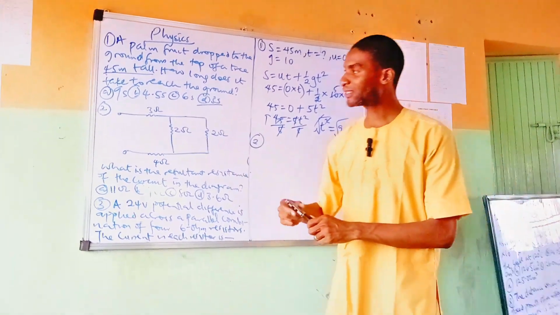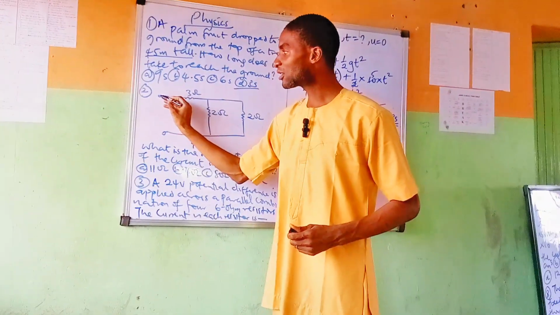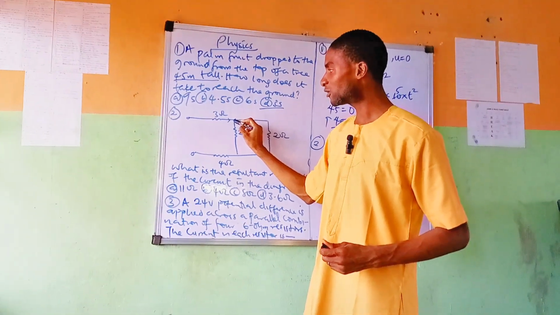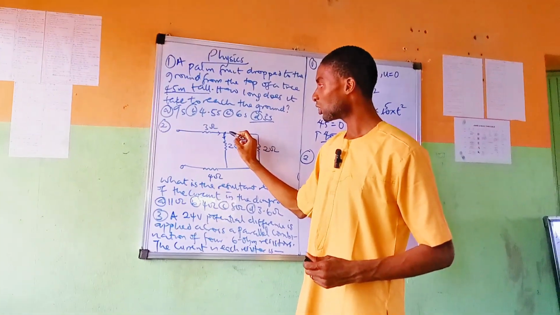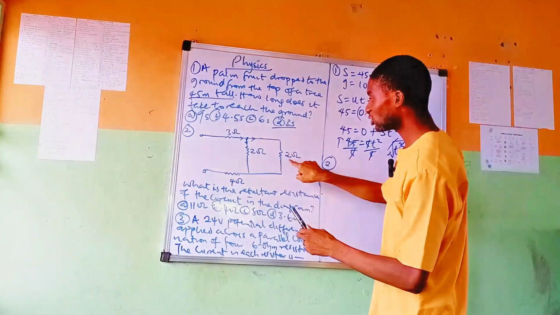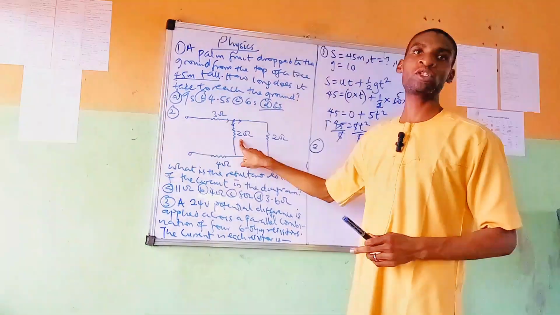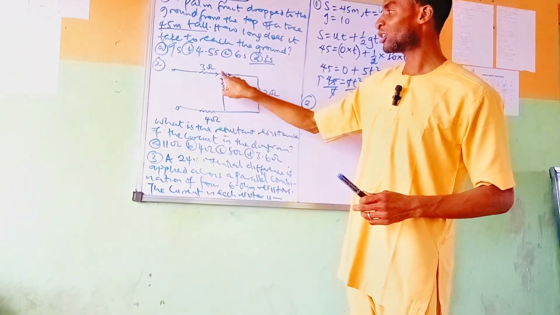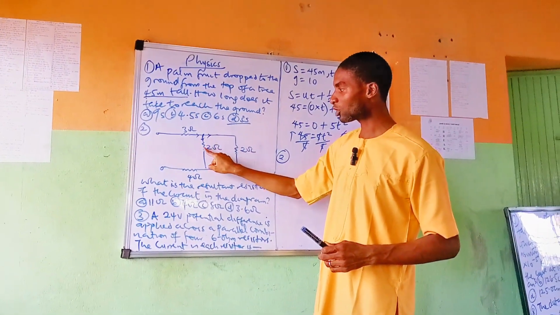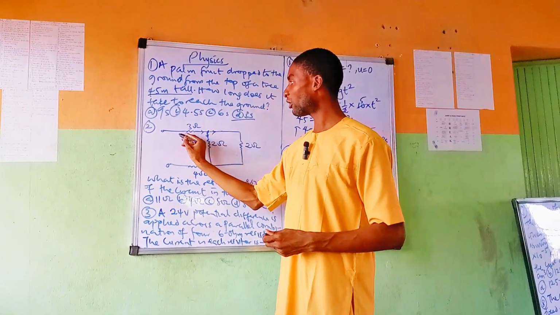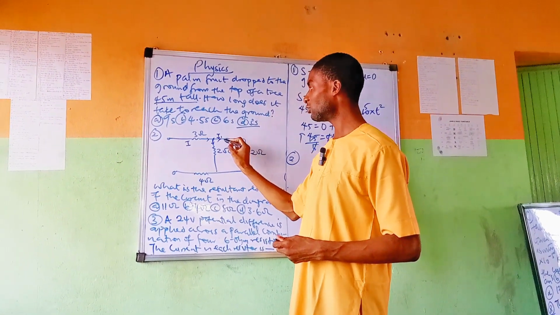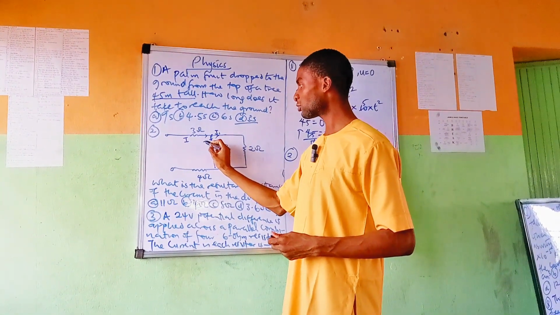So if you look at this circuit, the current coming here, when it gets to this junction, it will split into 2. That is to let you know that this 2 is in parallel to this 2, because there is a junction where there will be a separation here. So let's say a current I is coming, by the time we get here, I1 moves to this side, I2 comes to this side.